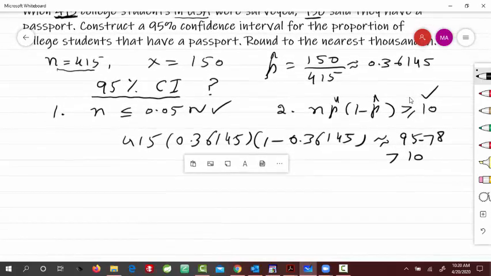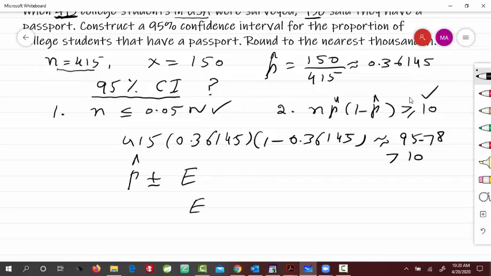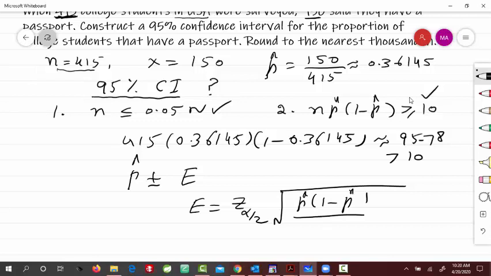And the confidence interval would be equal to p hat plus minus E. And E is the margin of error, right? So p hat is a point estimate, E is the margin of error, and the margin of error is defined as z sub alpha by 2 times the square root of p hat times 1 minus p hat divided by n.